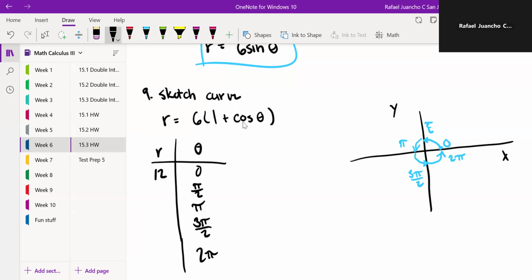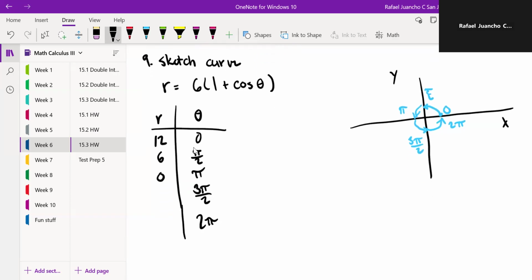Then pi half: cosine pi half is 0, so 1 plus 0 is 1, times 6, 6. At pi, cosine pi is negative 1, so 1 minus 1 is 0. Then we have 3 pi over 2.